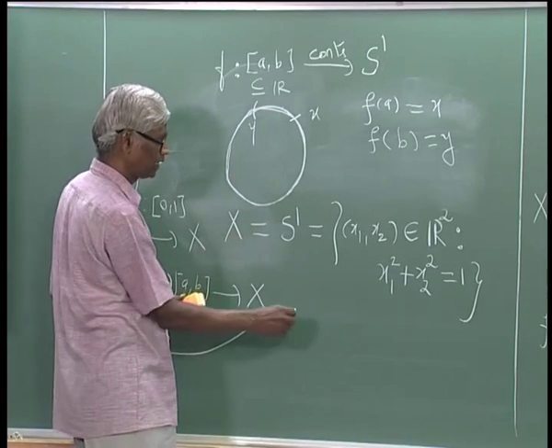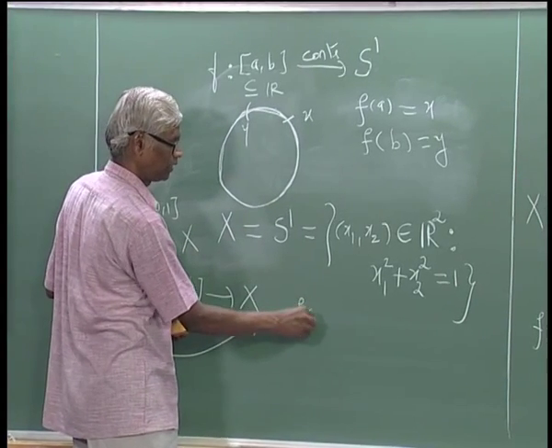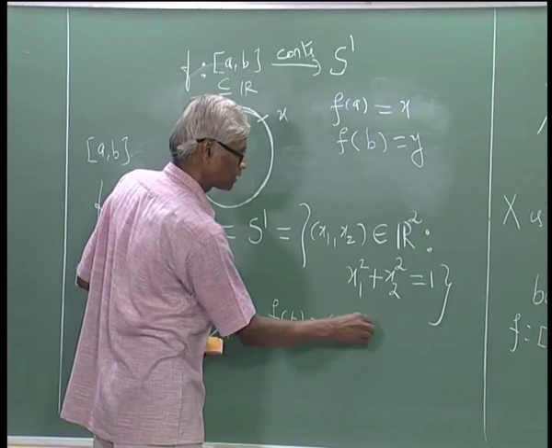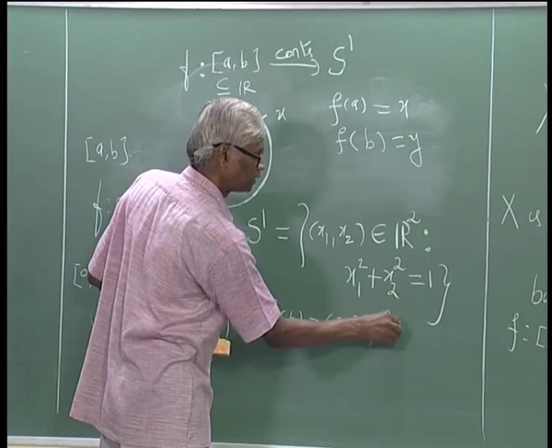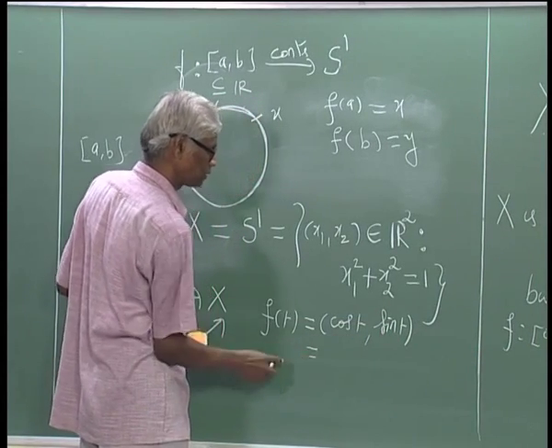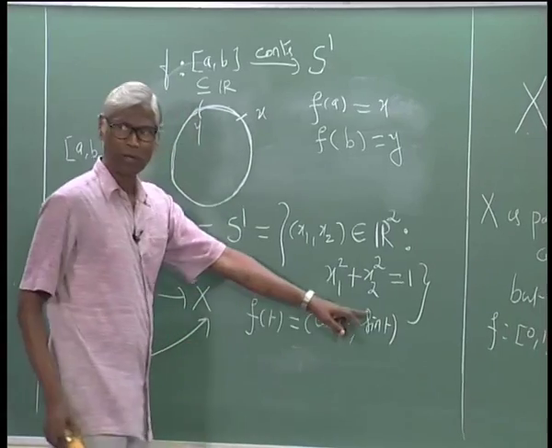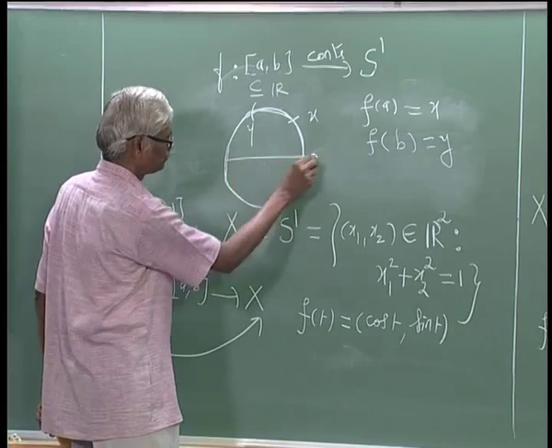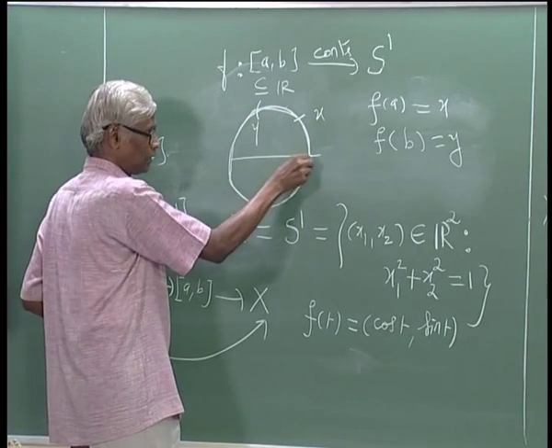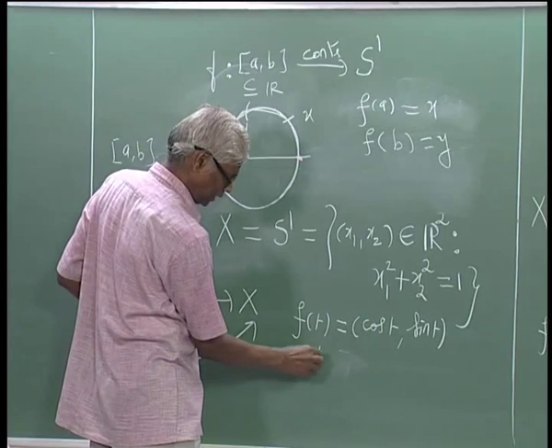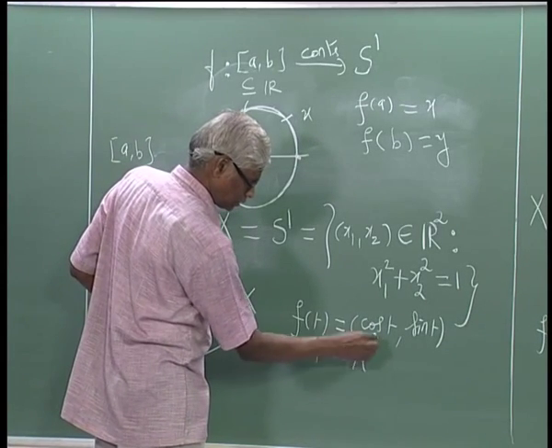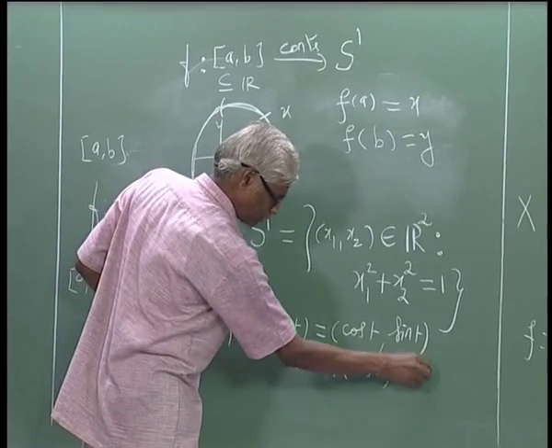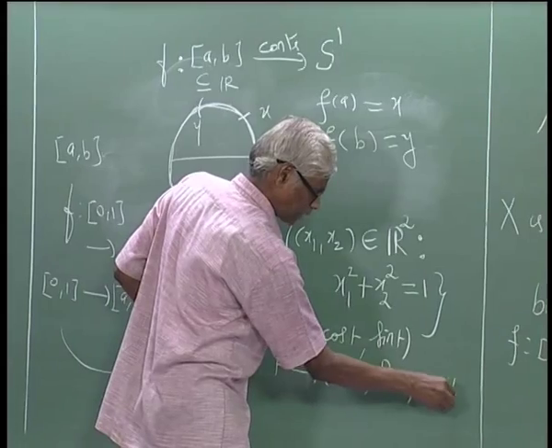For example, we are familiar that if we define f of t equal to ordered pair cos t comma sin t, or the so called in complex plane e power i t, then when t equal to 0, f of 0 is cos 0 comma sin 0, that is 1 comma 0.